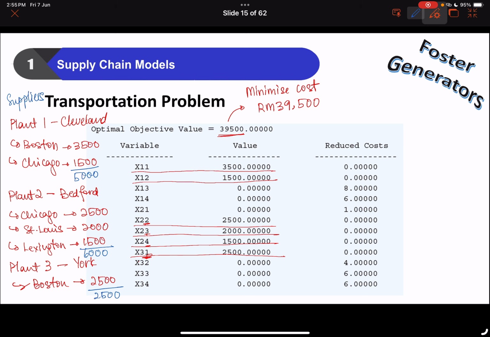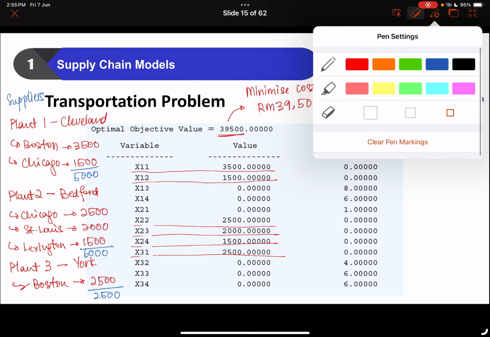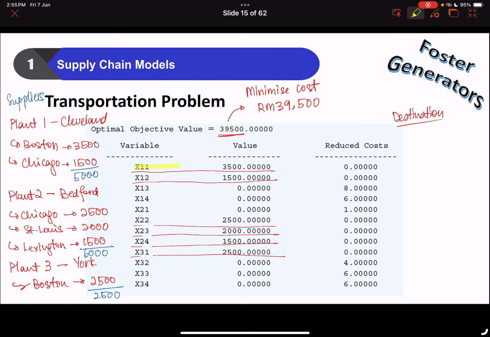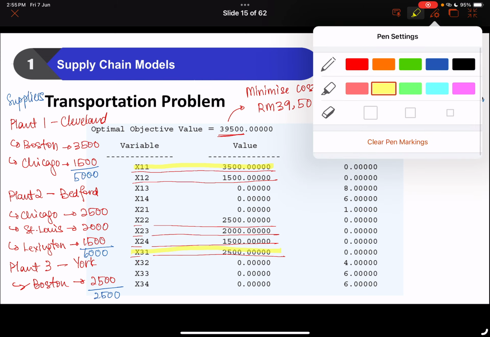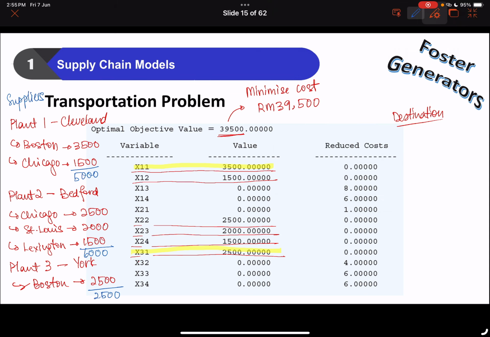If you want to look from the demand side, from the destination side, we look again. Destination 1 is Boston.